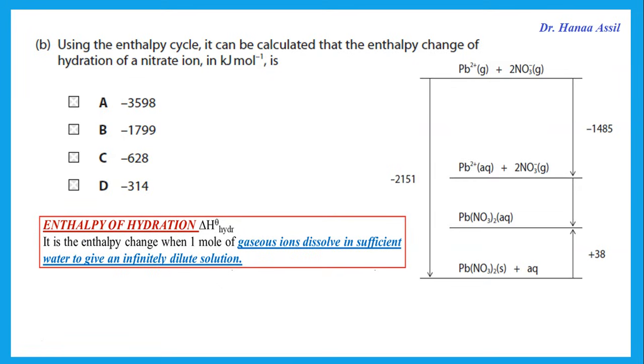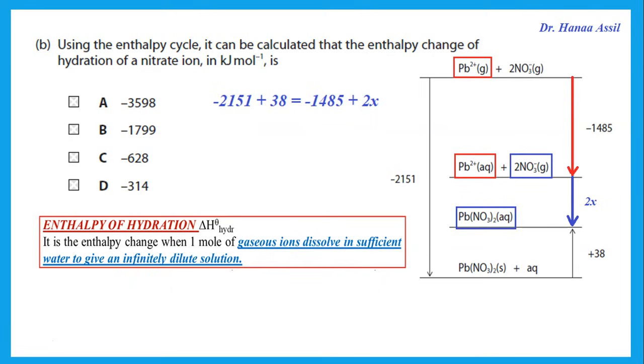We said lead 2 plus gas going to lead 2 plus aqueous, and then 2 nitrates going to lead nitrate aqueous. So if we're looking for the enthalpy change of hydration of 1 nitrate ion, we need to calculate it.